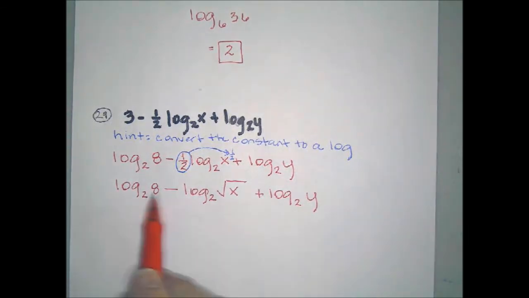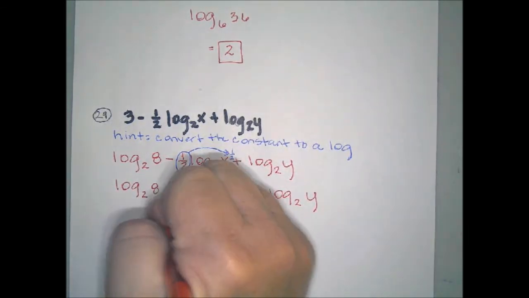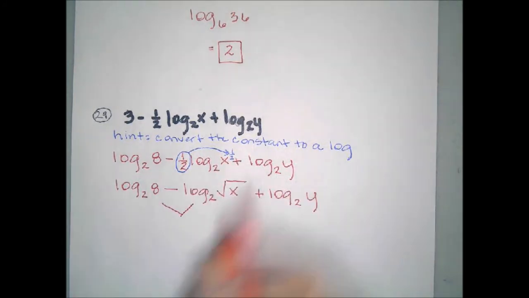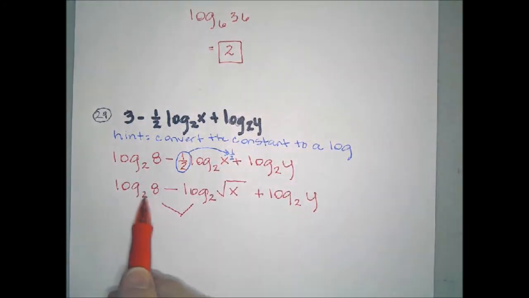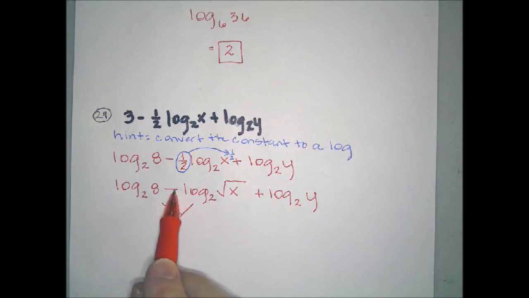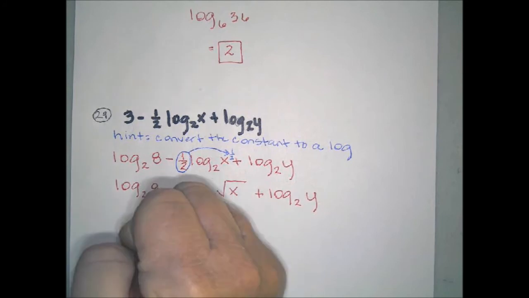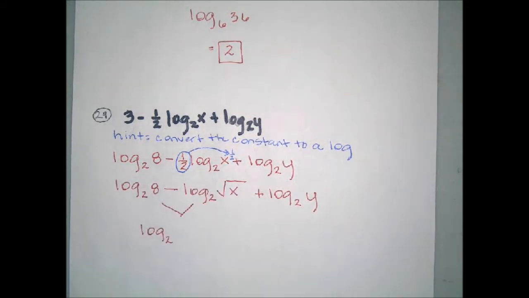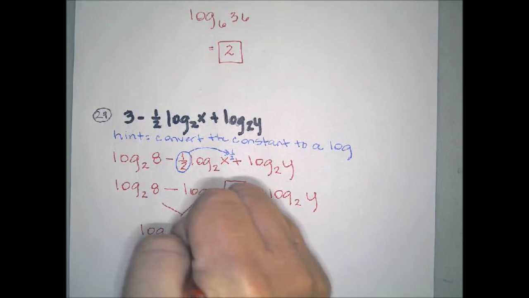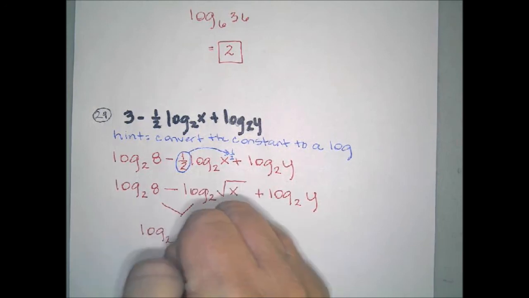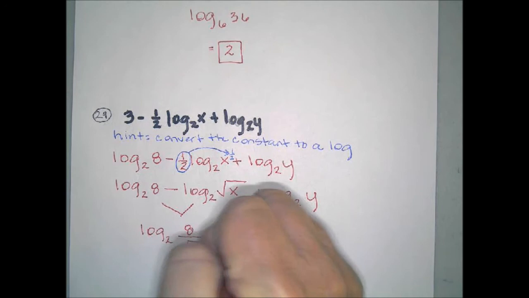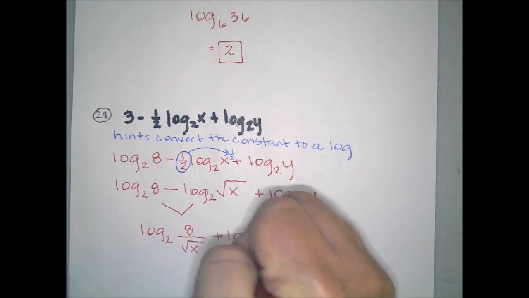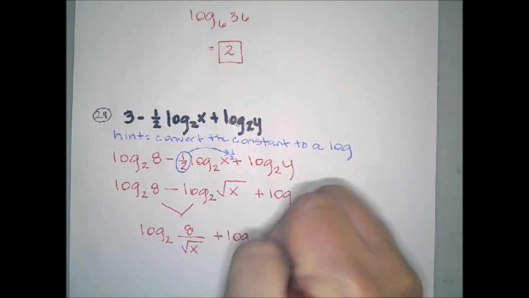Now, I'm going to condense these two, because I can't work with all three at once. Double log subtraction is single log division. So this would be the log base 2 of 8 over square root x plus log base 2 of y.